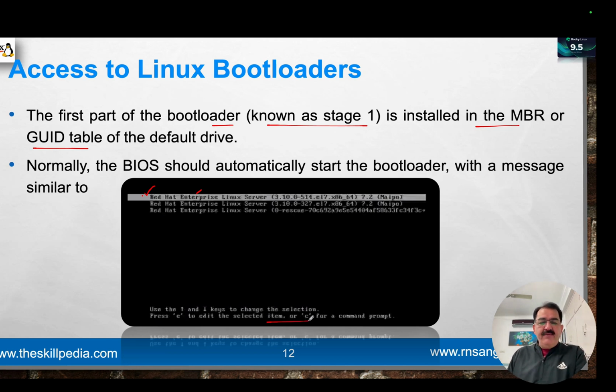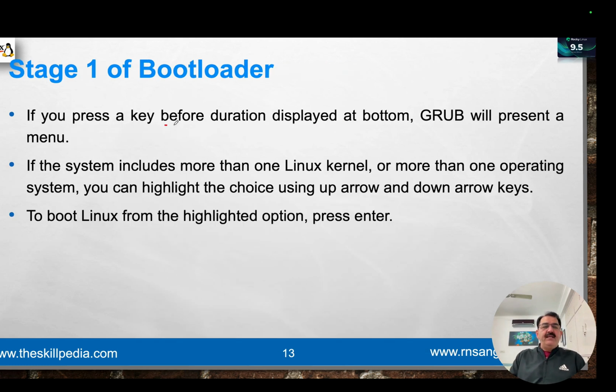You have 5 seconds to select any of them using arrow keys, or E to edit, or C for the command prompt. E is to edit, C is for the command prompt. The duration display is generally 5 seconds by default. However, you can change it.